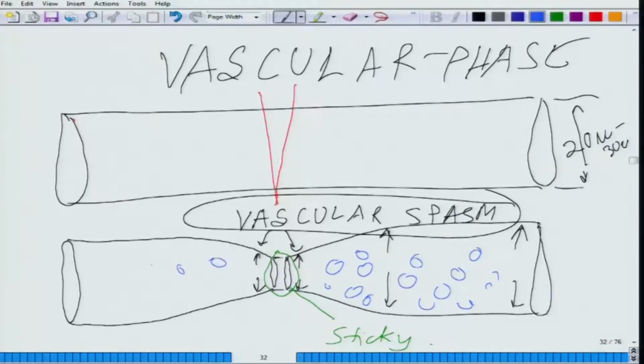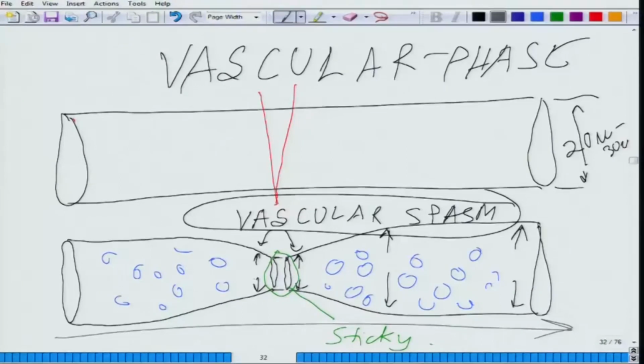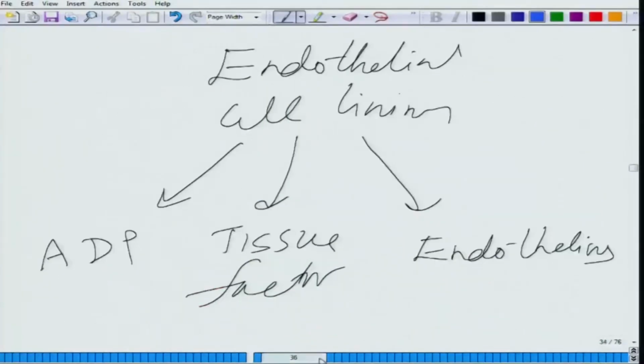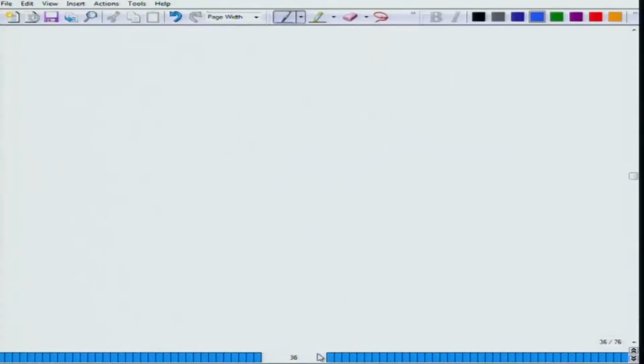The blue ones are the blood cells traveling along it, and imagine the direction is like this. As soon as there is damage here, these cells come out, and this is the blood flowing out. At this stage certain things happen, and I will put it diagrammatically, which will help you appreciate what exactly happens at that point.